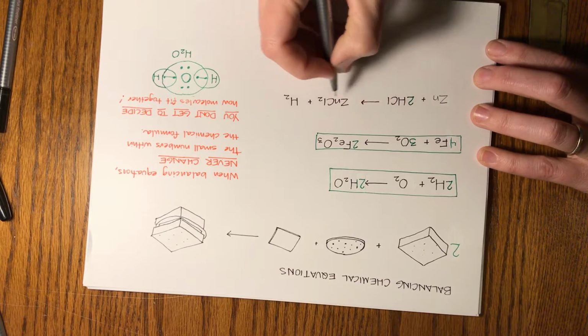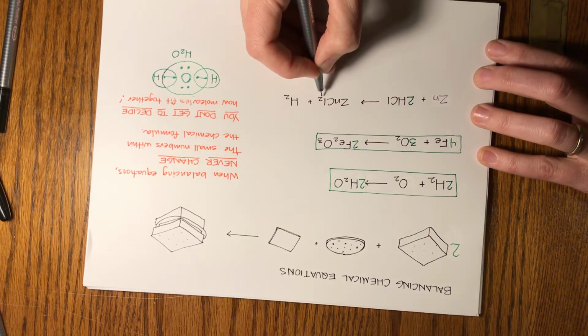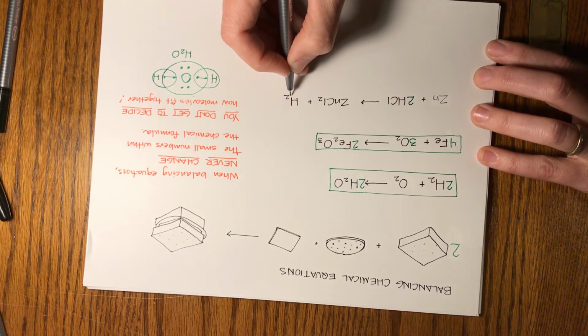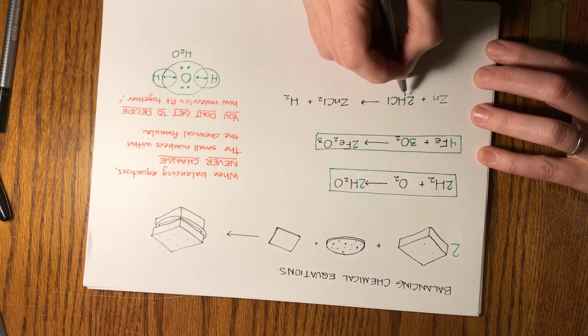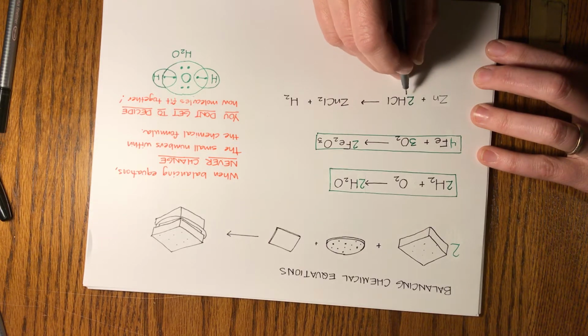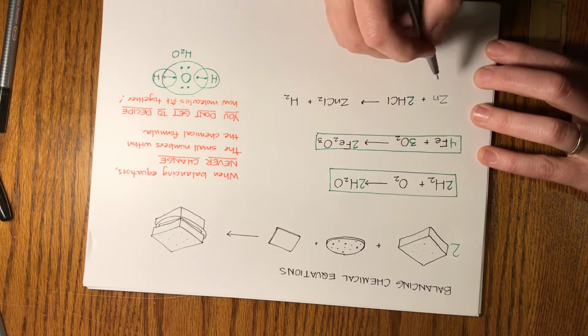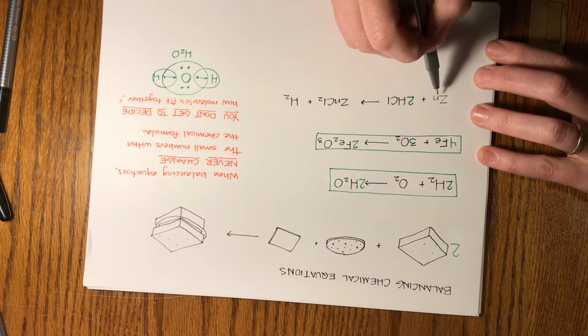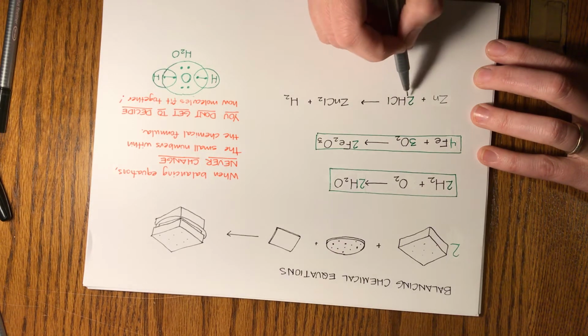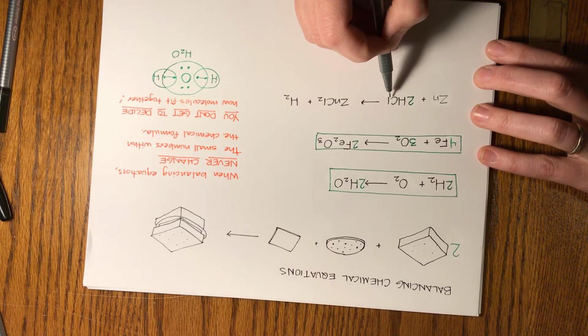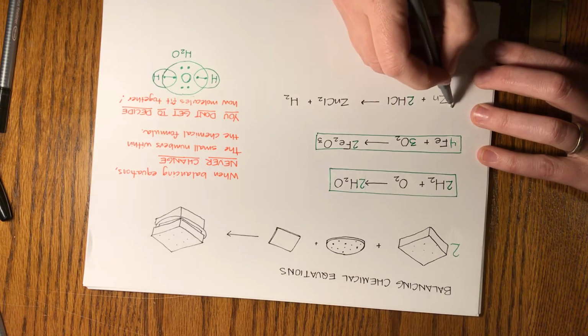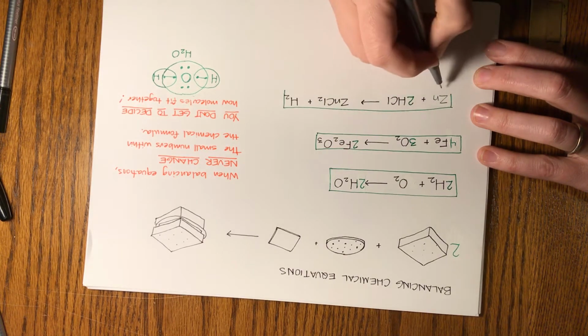If I add a 2, I've balanced for chlorine. And I've accidentally, while I was at it, balanced for hydrogen as well. And that's all we have to do to balance this equation. We can go through it again just to double check. 1 zinc, 1 zinc, 2 hydrogens, 2 hydrogens, 2 chlorines, and 2 chlorines. This equation is balanced.